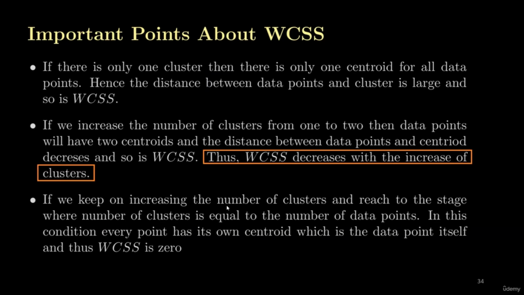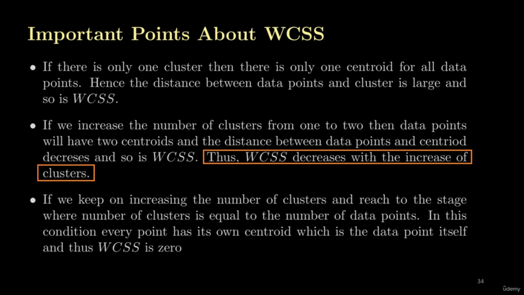So let's keep on increasing the number of clusters and reach the stage where the number of clusters is equal to the number of data points. So what happens if we have 10 data points and we have 10 clusters? It means every data point has its own cluster and every data point is also the centroid of that cluster.